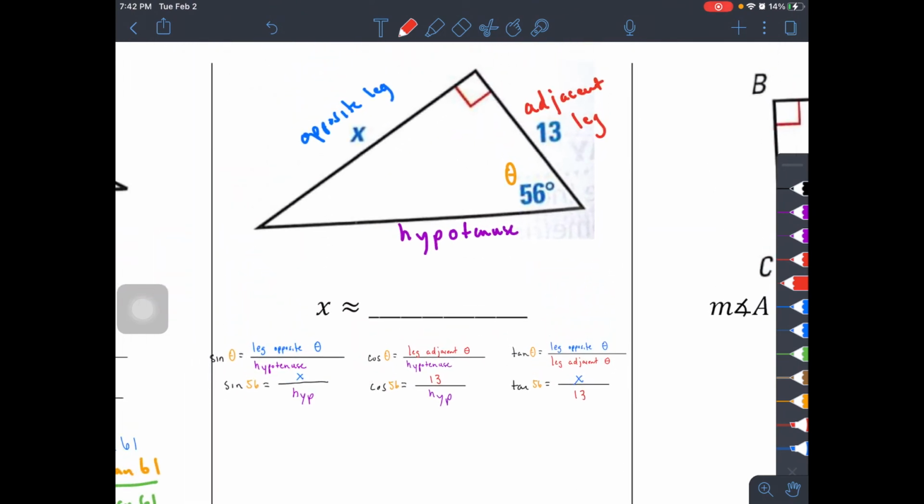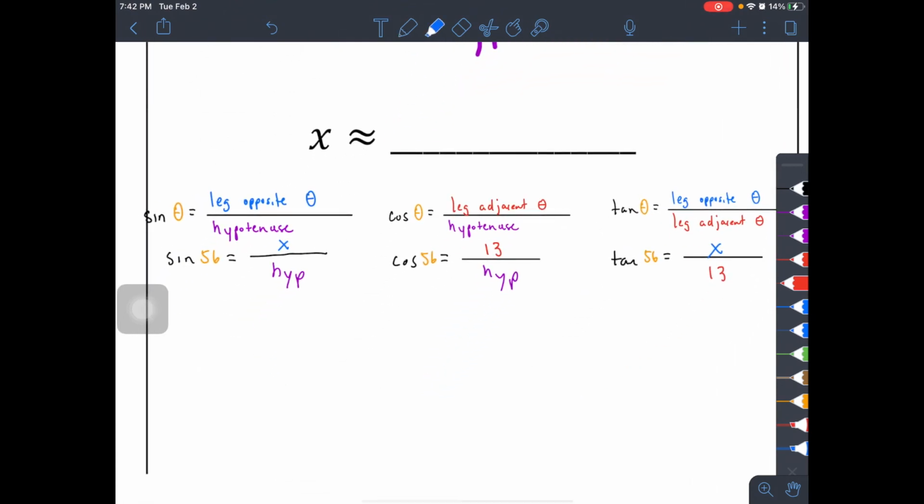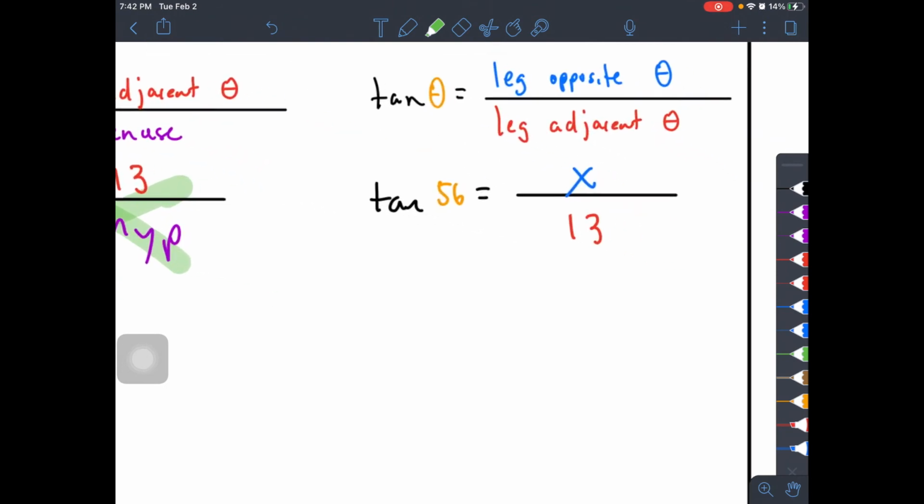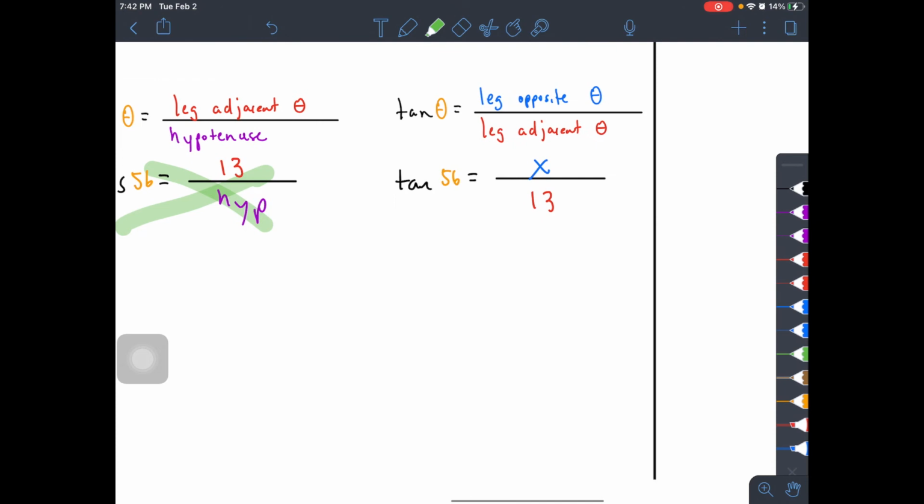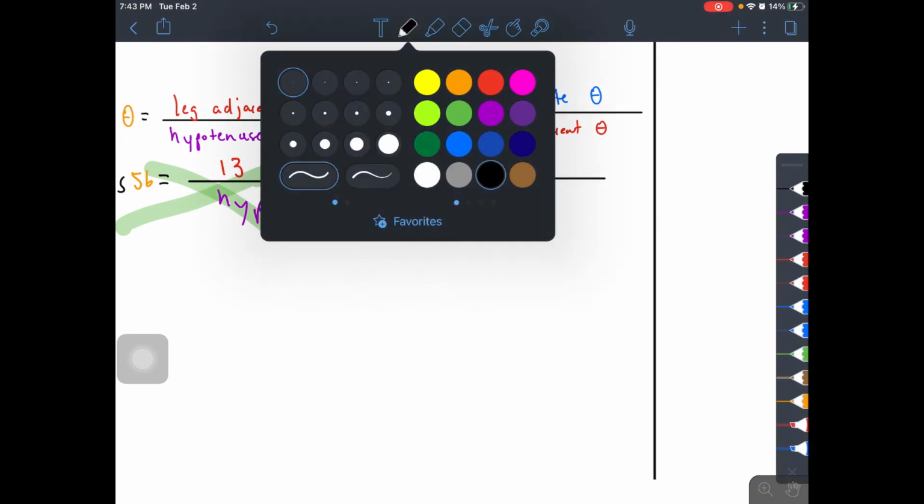So again, our goal for this particular problem is to solve for x. So we notice that cosine here doesn't have x in it, so I immediately know that one's not appropriate for us. Sine does have x, but we don't know what the hypotenuse is. Not useful for us. So that again leaves us with tangent as the only solution here for us to work out. So go ahead, cross multiply, and solve.